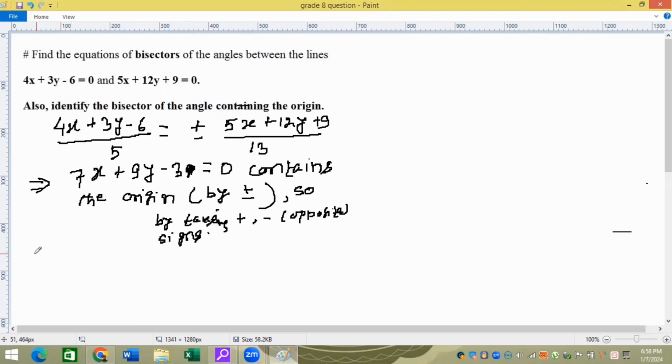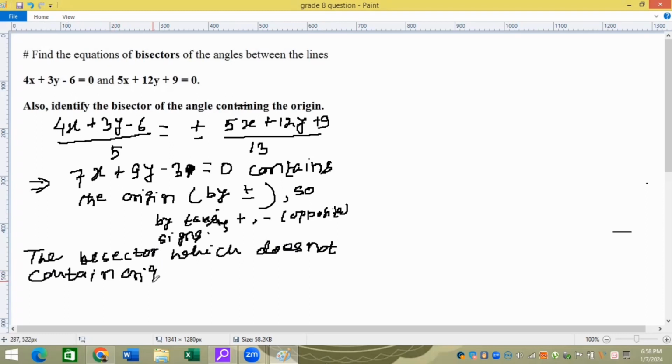And now let's talk about the bisector which does not contain origin. Okay, so in this case, one line contains origin.